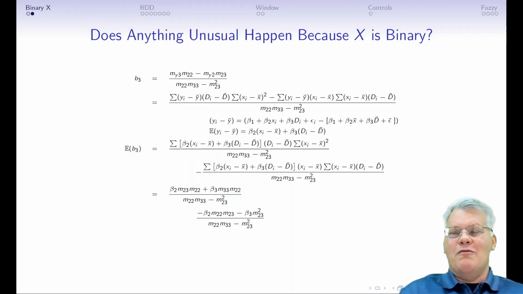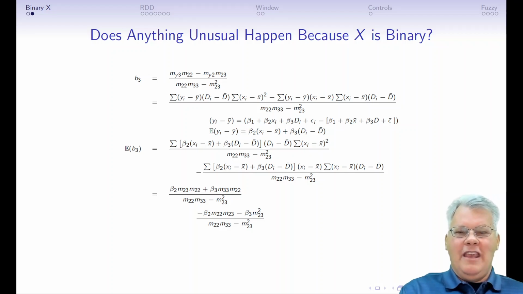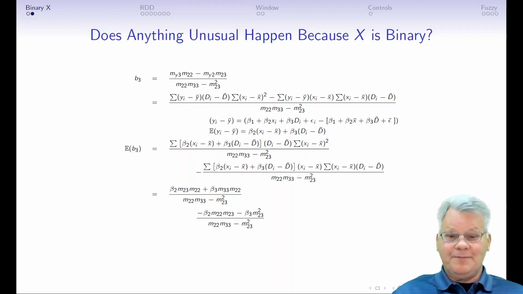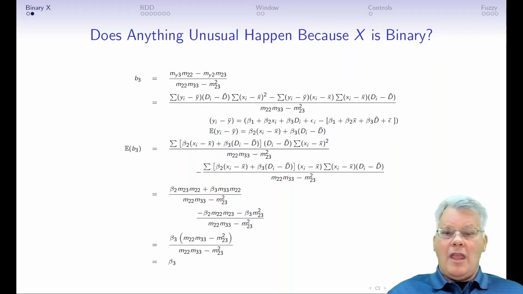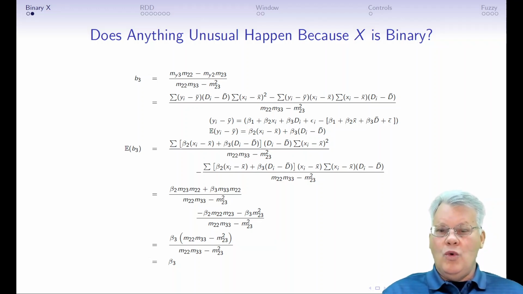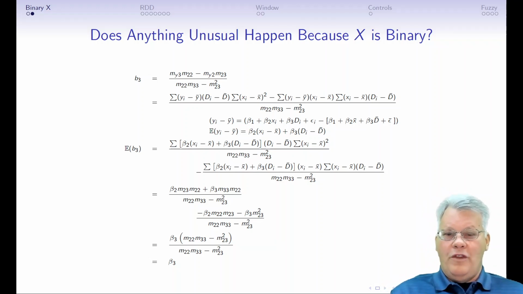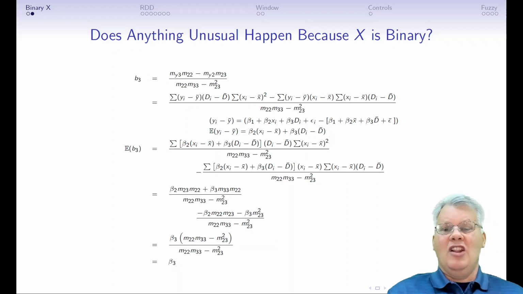The second line of the more verbose expression maps into the second line of the expression in M's given here. Now you can see at this point the first term, beta 2 M23 times M22 over the denominator, appears in the first line, and with a minus sign, the same exact expression in the second line.